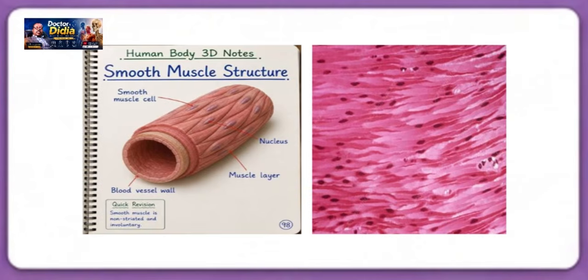There are no striations. This is because the myofilaments are not arranged regularly along the length of the spindle-shaped cell. The cells are usually aggregated to form bundles called fascicles and are further aggregated to form layers of varying thickness.